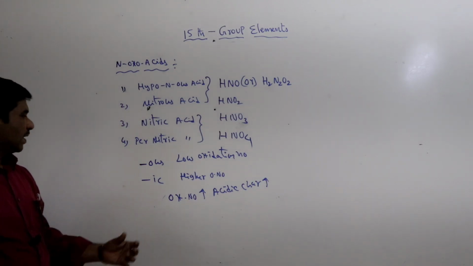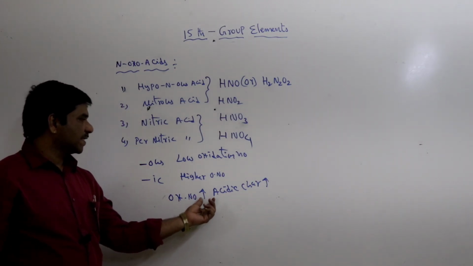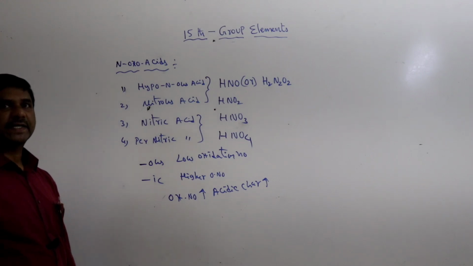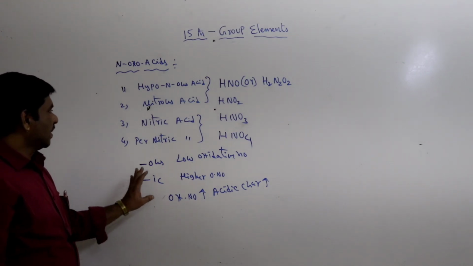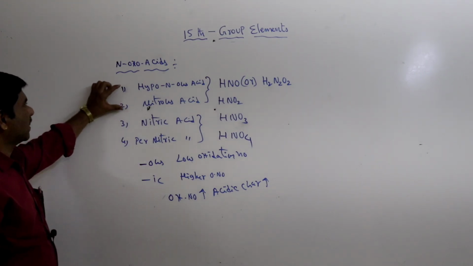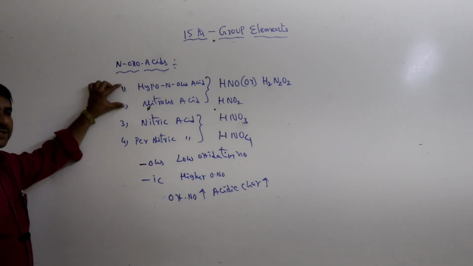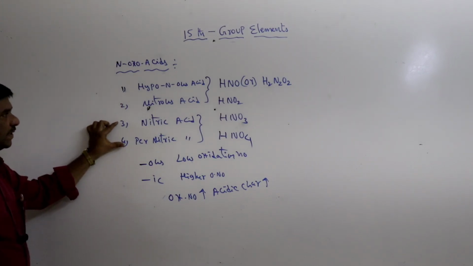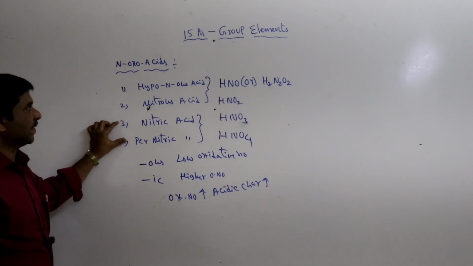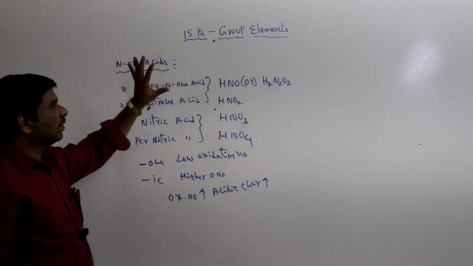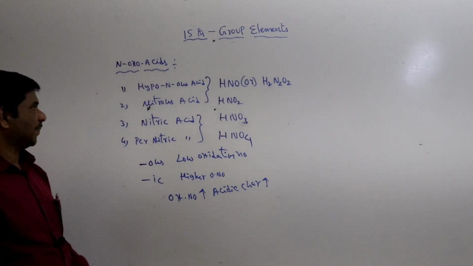We know that as the oxidation number increases, its acidic character increases. The first two nitrogen oxo acids are "-ous" acids, and these two are "-ic" acids. So in these two, lower oxidation number is possible.